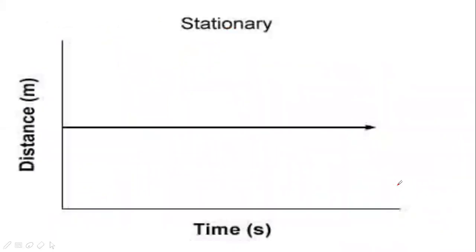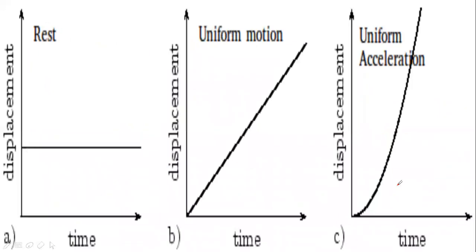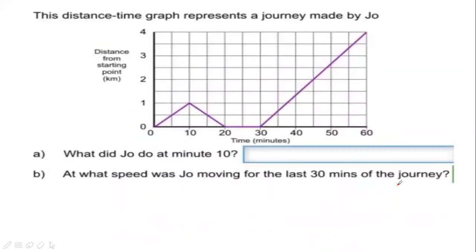So different values. The graph for a stationary object is parallel to the time axis. The first one is for rest, the second one is for uniform motion, and the third one is for uniform acceleration. Different values of velocity.